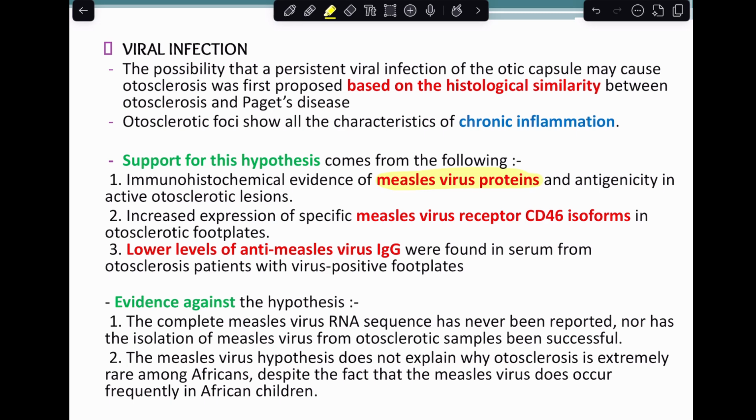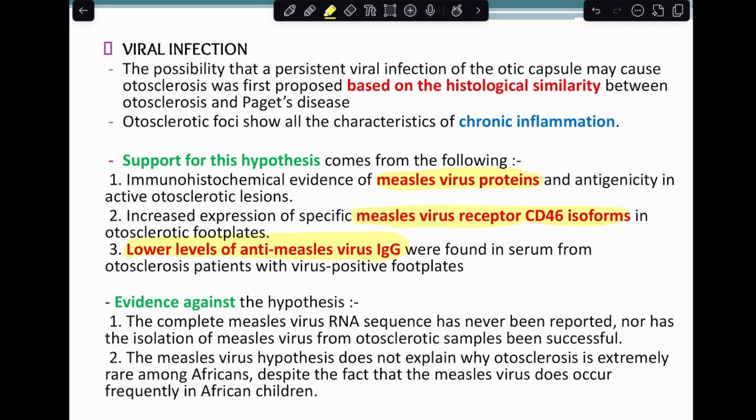We have even seen increased expression of certain specific measles virus receptor CD46 isoforms in these lesions. And these patients sometimes have been shown to have lower levels of anti-measles virus IgG. Now, based on this, it has been hypothesized that possibly there is a viral infection associated with causing otosclerosis.